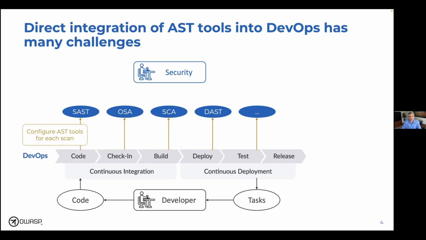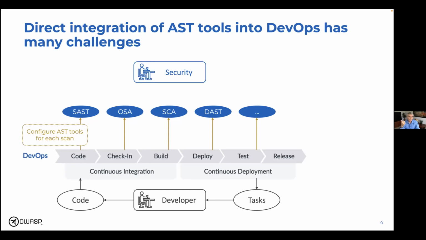Now, security has its own process. And when the security tools are added, the first thing that needs to happen is that the security tools are called for a scan at the right time within this CI/CD process. So for example, SAST tools can be called as soon as the code is checked in. This diagram is simplified.